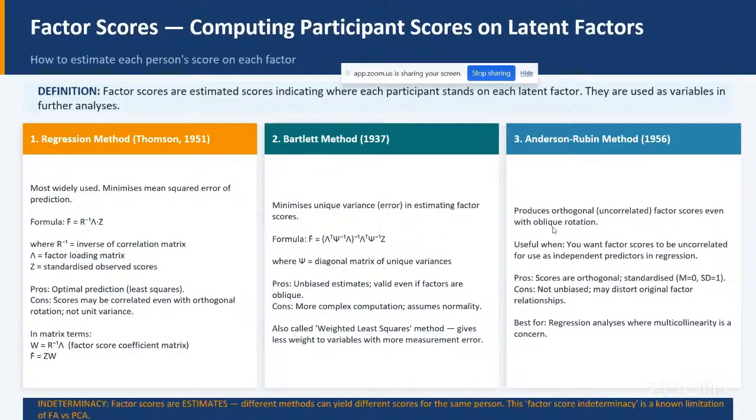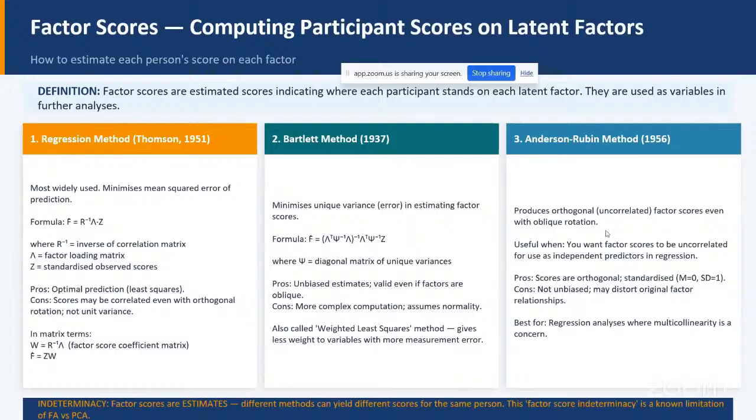The concept of when to use them: most widely we will be using the regression model, which minimizes the MSE of the prediction. For the Bartlett method, we will be using weighted least squares. For the regression model, we won't use any weighted least squares. It is a generalized form, that is, weighted least squares should be used here, and this can be used when multicollinearity is our concern.